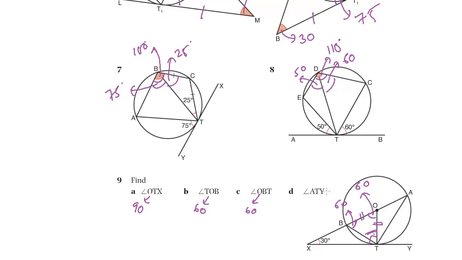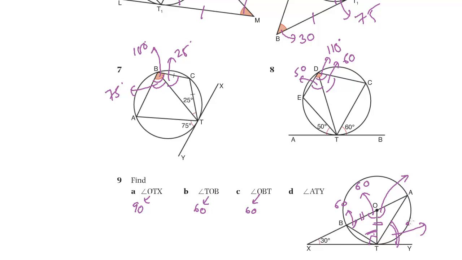Now ATY. ATY is this angle. So if you have to find this angle, then it means this angle is exactly equal to the angle at the circumference that the chord makes. But the chord does not make any angle at the circumference, but it makes an angle at the center. Now we know the angle that the chord makes at the center is always double. So whatever angle this is, it should be double of this angle.